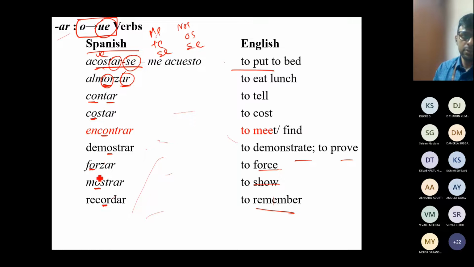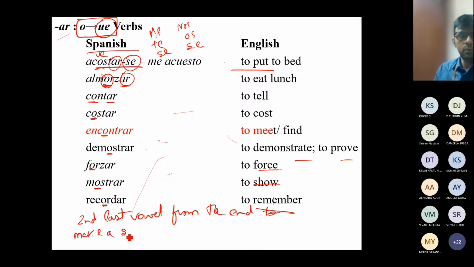Okay, generally what happens when there are two vowels or three vowels in the stem, you take the second last vowel from the end to make a stem changing verb.